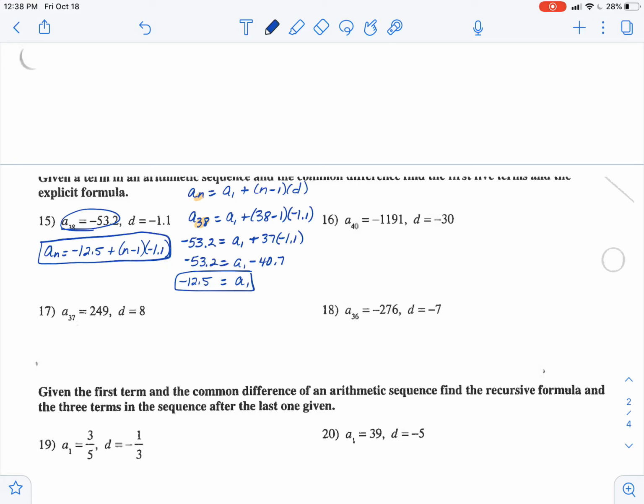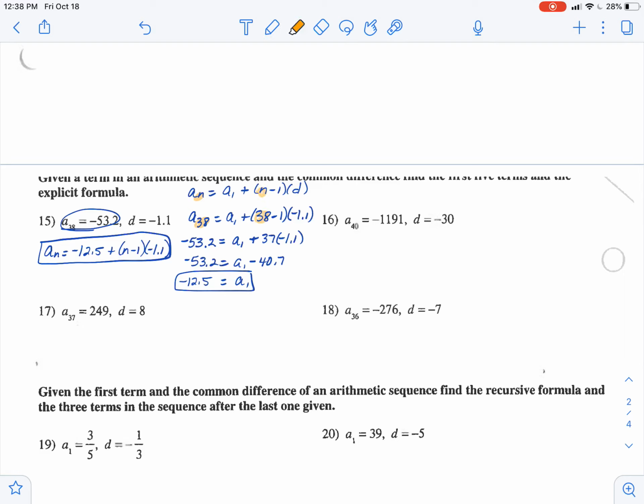Now, that would be my formula. Again, you can go ahead and multiply that out, combine your like terms again, and get that in slope-intercept form, okay? So do you see what I did? I wrote my formula. I'm looking for a sub 38, so I know it is negative 53.2. My a sub 1 I have to find because I can't do my equation without my a sub 1. And then your n, again, is your 38.